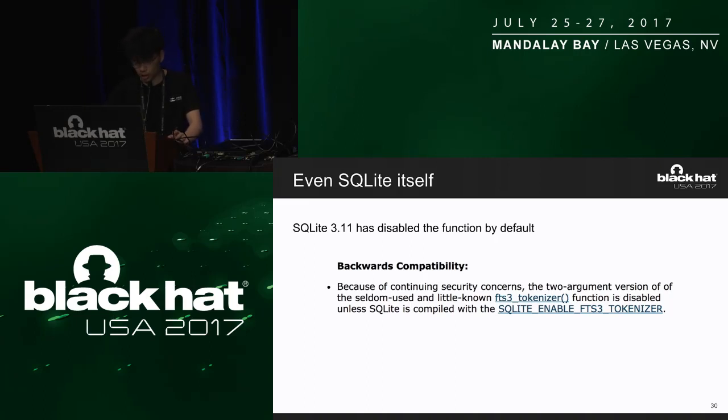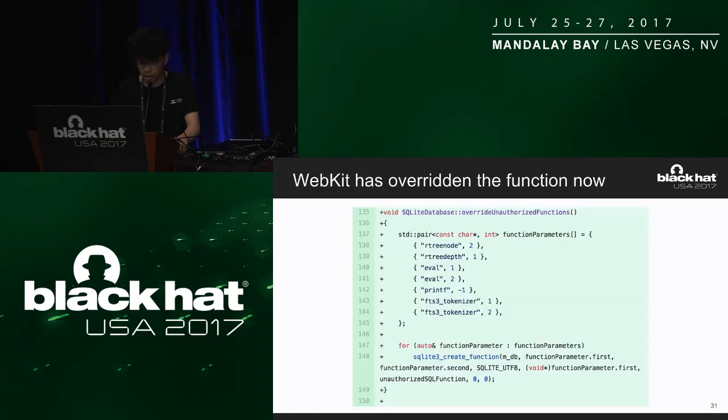You have to compile SQLite with a special option before using it. WebKit also has its own patch for the bug. They have a blacklist of the dangerous functions. The blacklist prevents hackers from calling the bad functions even if they have a bypass of the whitelist.